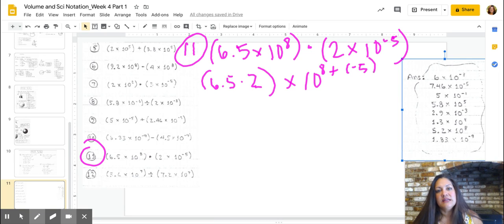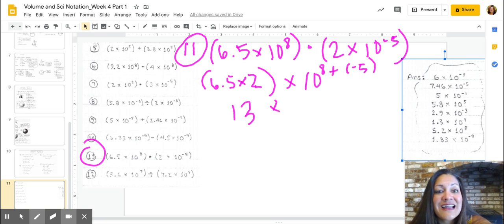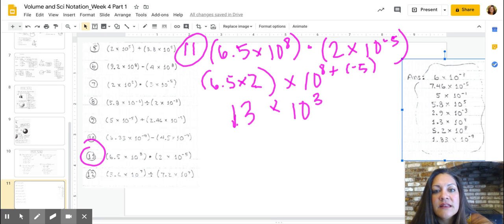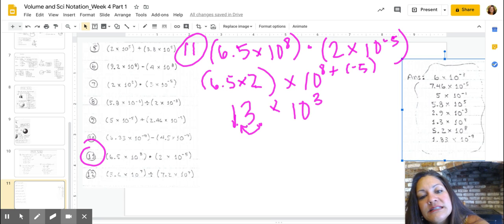Okay, so 6.5 times 2 is 13. 13 times 10, and so 8 plus a negative 5 is 10 to the 3rd. However, look at this, it is greater than 10, so know that that's 13.0. So I need to move my decimal over.